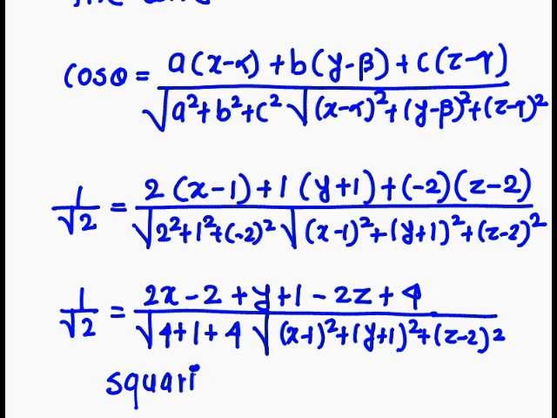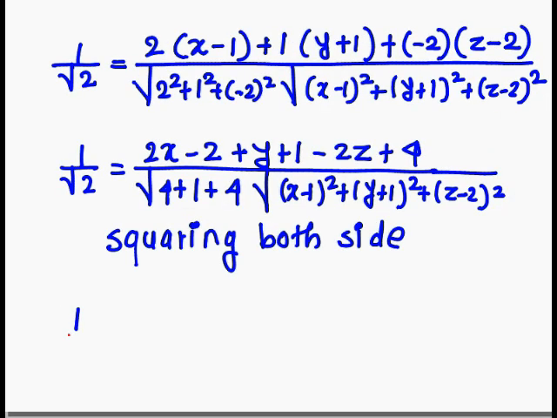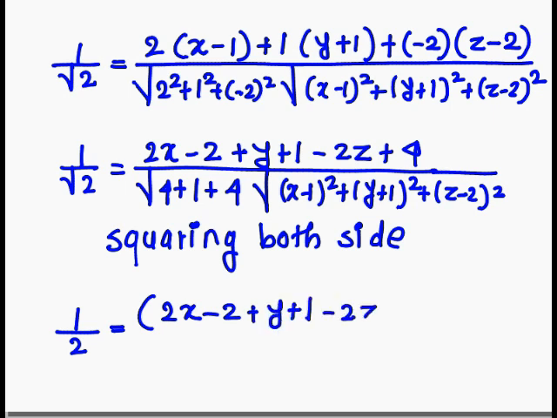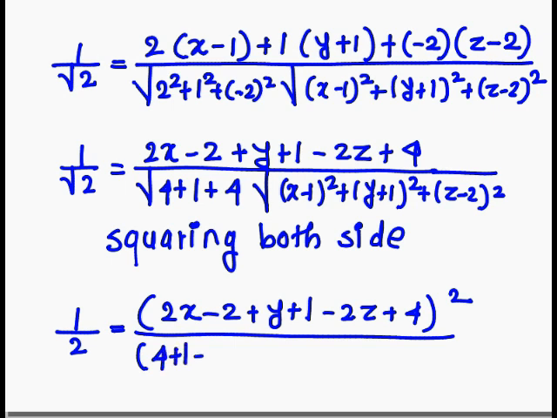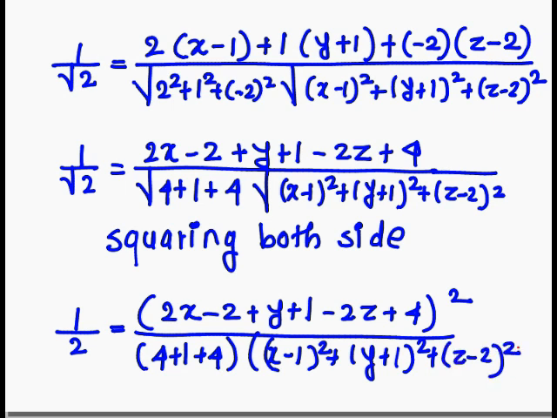The square of 1 is 1, and the square of root 2 is 2, is equal to 2x minus 2 plus y plus 1 minus 2z plus 4, the whole bracket square, and in the denominator the square root gets removed, so we get 4 plus 1 plus 4 and (x minus 1) square plus (y plus 1) square plus (z minus 2) square.